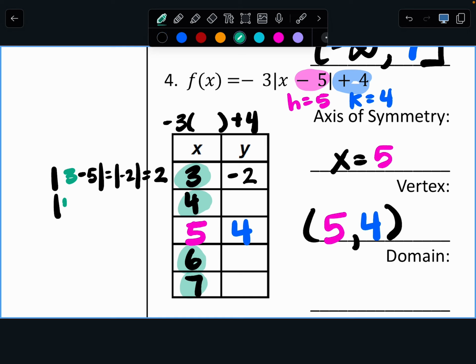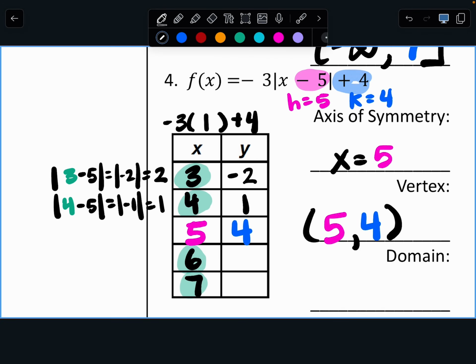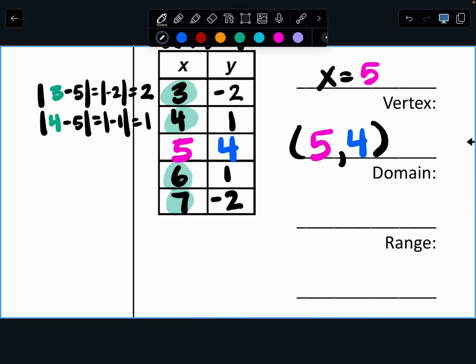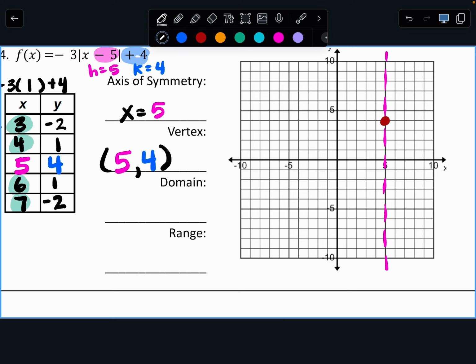Now we're going to do 4 minus 5. That's -1. Absolute value of -1 is +1. -3 times 1 plus 4 is +1. Now I can fill in the rest of this and plot the points: 3, -2; 4, 1; 6, 1; and 7, -2.